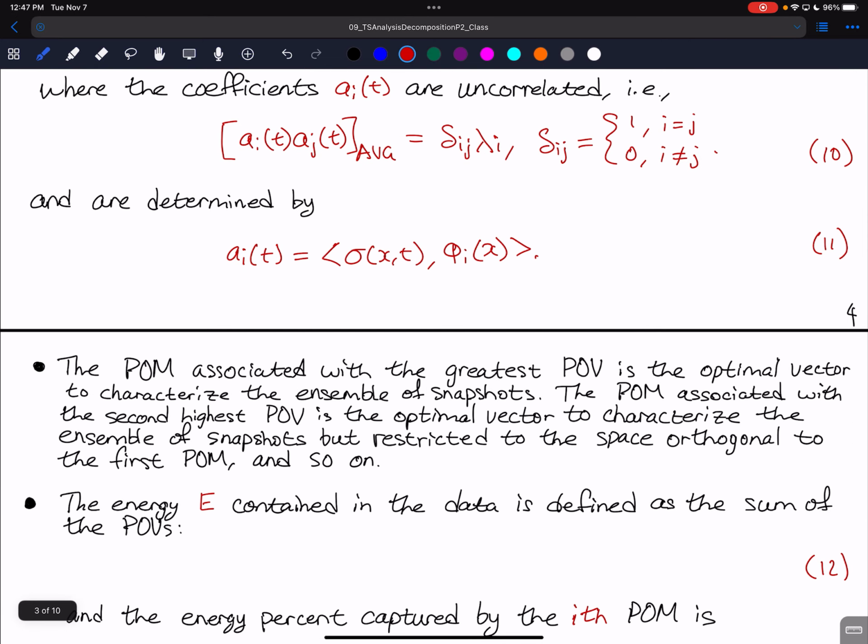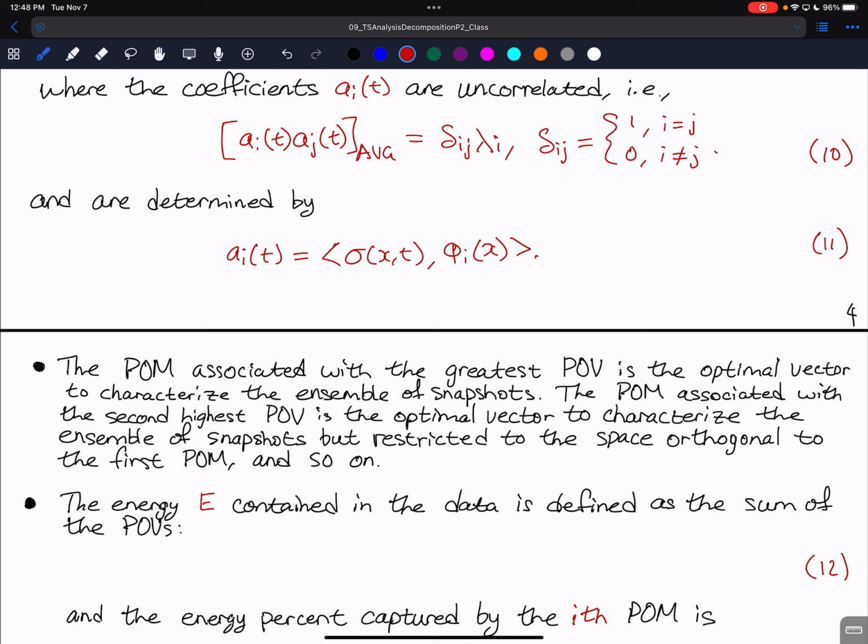The POM associated with the greatest POV, the one that has the highest value, is going to be the optimal vector to characterize the ensemble of snapshots. So it captures the greatest representation of what is going on in that data set.